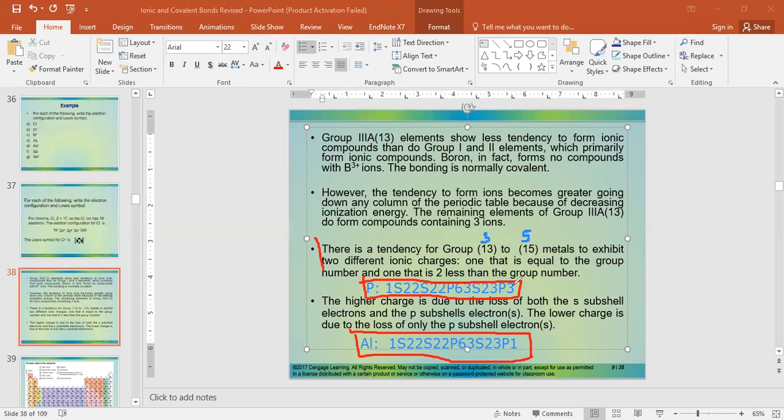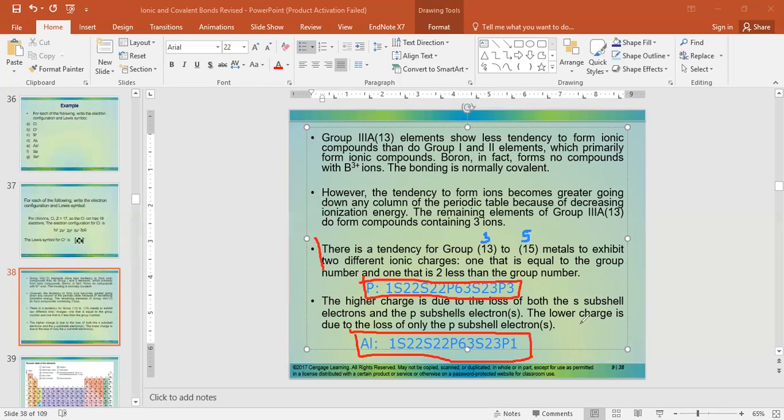It means that we may have aluminium 3+, or we may have aluminium 1+. How does that form? The higher charge is due to loss of both the s subshell and the p subshell electrons.